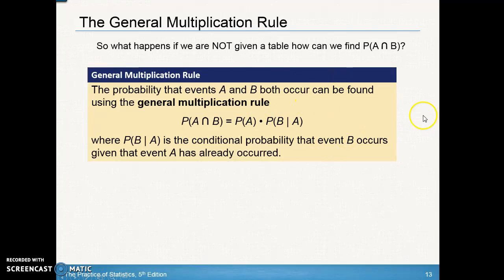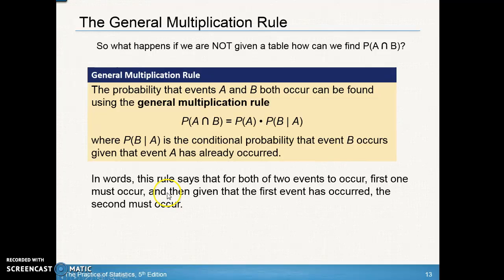Here, it's times the probability of B given that A has occurred, where B given A is the conditional probability that event B occurs given that A has already occurred. Keep in mind that you're going to be using tree diagrams to do this. The AND rule is really just a multiplication rule, and most of the time this given portion is going to be taken care of in your tree diagram.